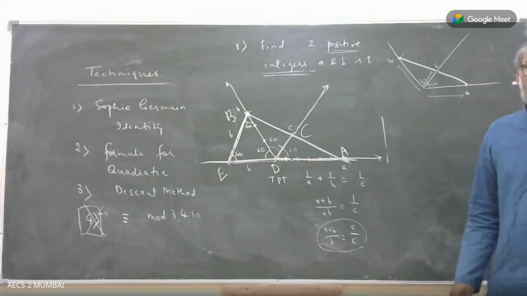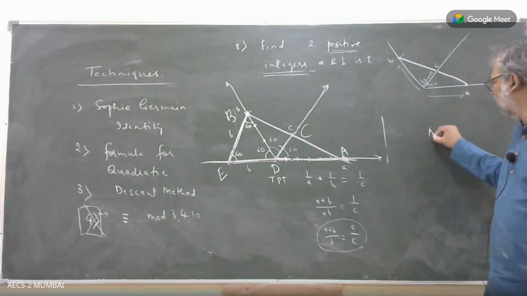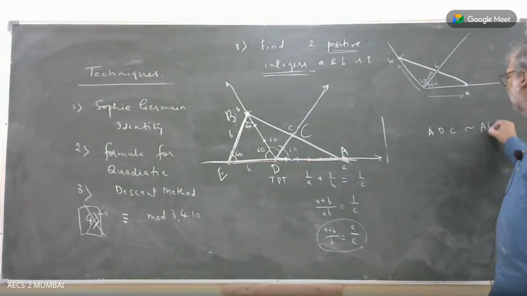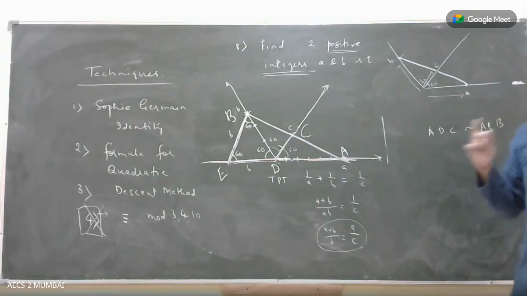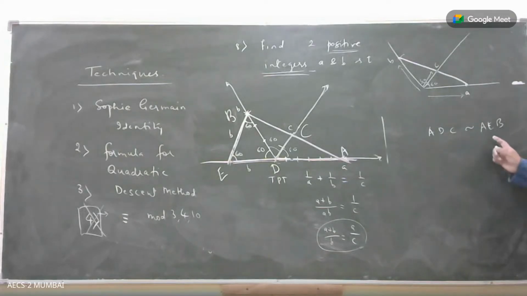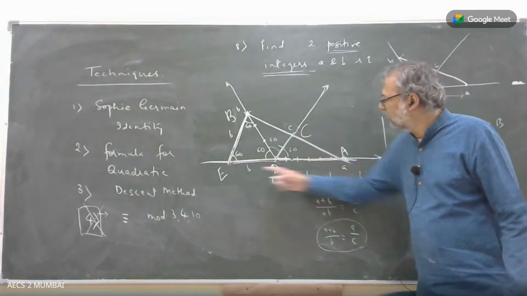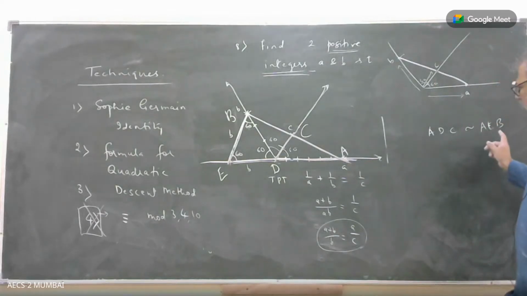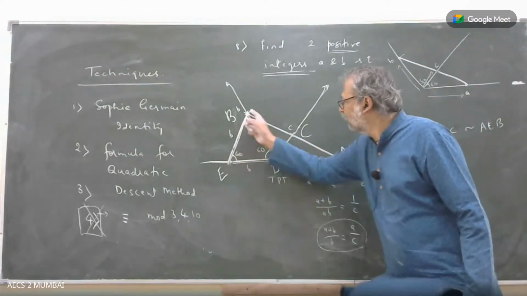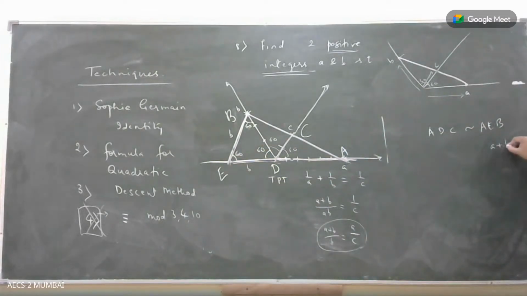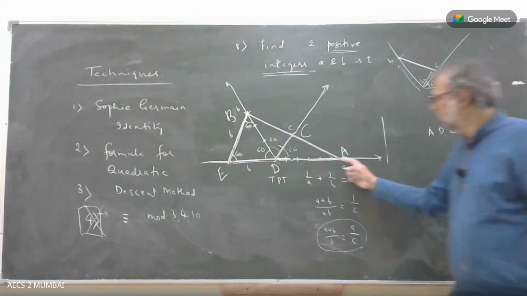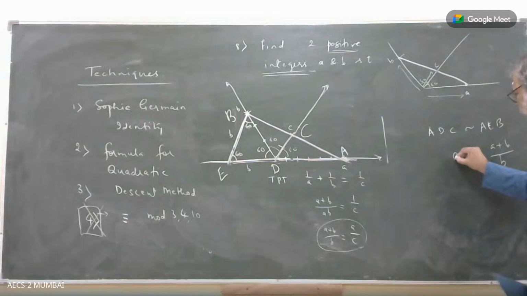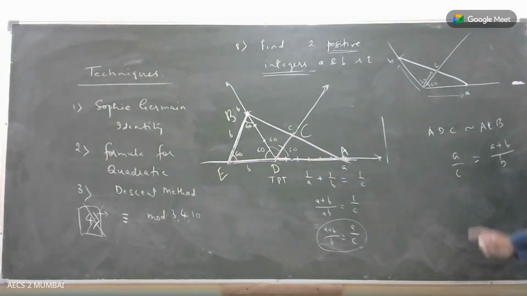So triangle ADC is similar to triangle AEB. Everyone agrees? I don't know geometry. Do all agree with this? Yes, sir. So now ADC is similar to AEB. Now corresponding sides, for example, in AEB I get A plus B is to B, which is the same as this side is to this side. So that is A is to C. Do you get that? And once I get this, cross multiply.